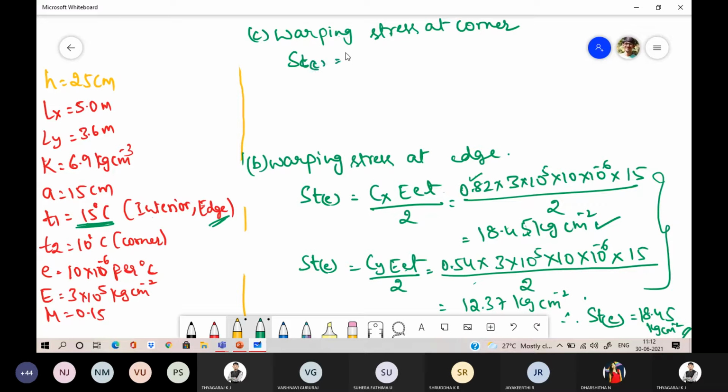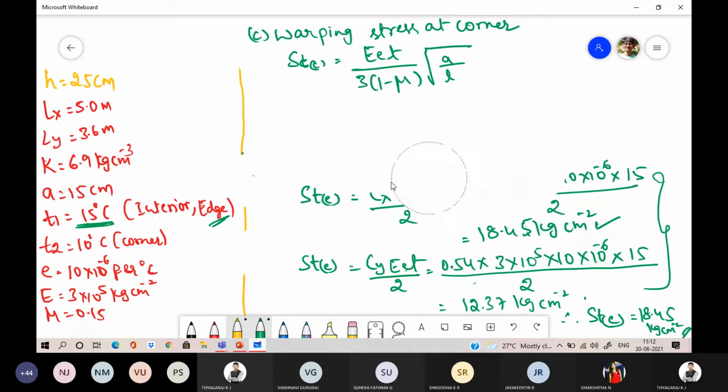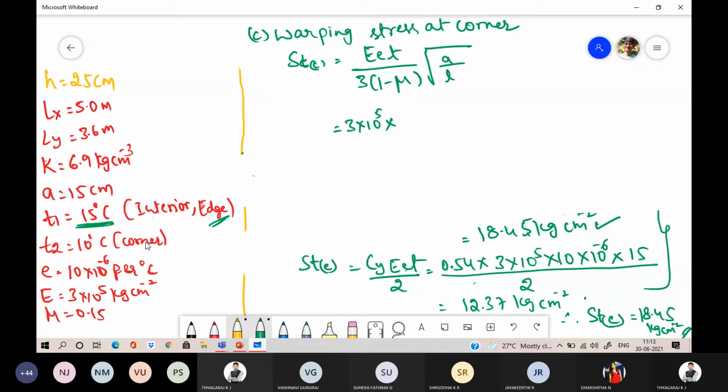STC is equal to P divided by 3 into 1 minus... Now here the temperature differential will be different. 3 into 10 power 5, E is equal to 10 into 10 power minus 6.